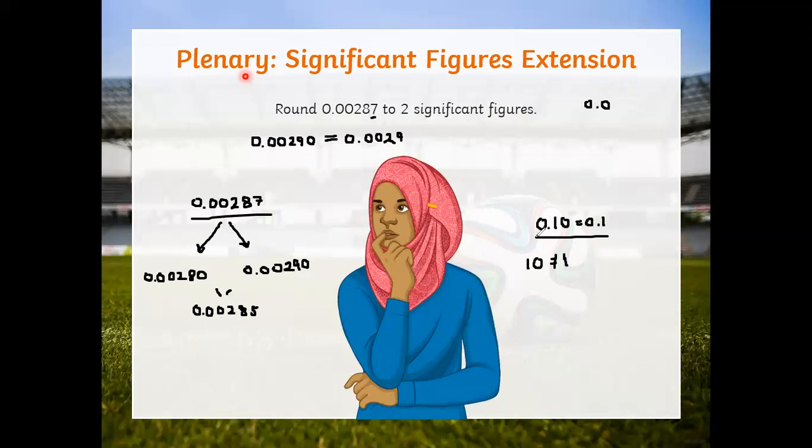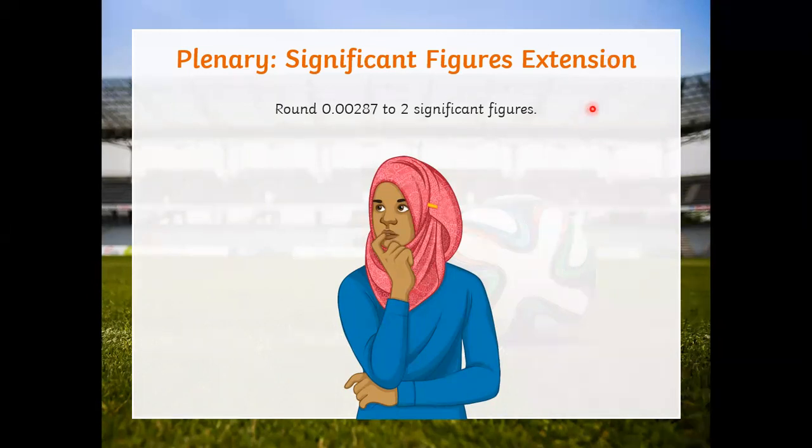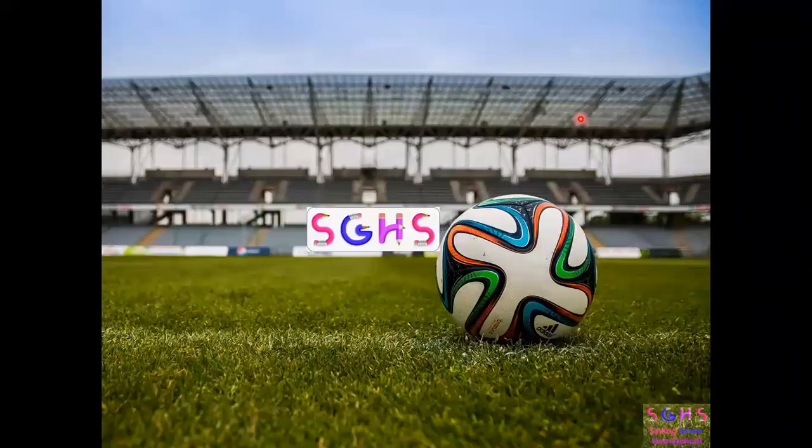And then just to be a little bit extra clever, we dropped the last 0 because it's unnecessary. So here is the final answer in this little box over here. And that is the end of today's lesson.